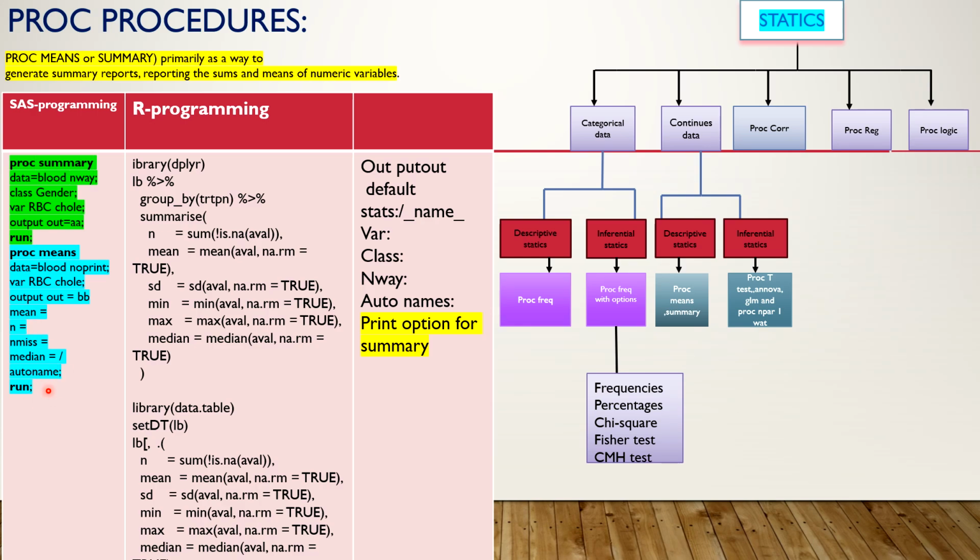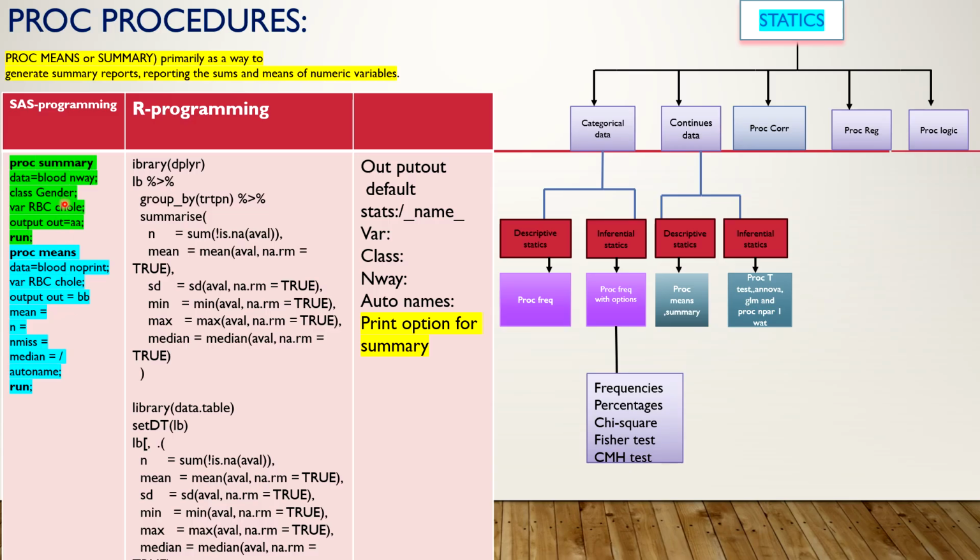In this way it will take auto names. Otherwise, you can give names manually, like average_mean, num_n, miss_nmiss. Whatever you want, you can write here. So either you give auto names or any suitable name.